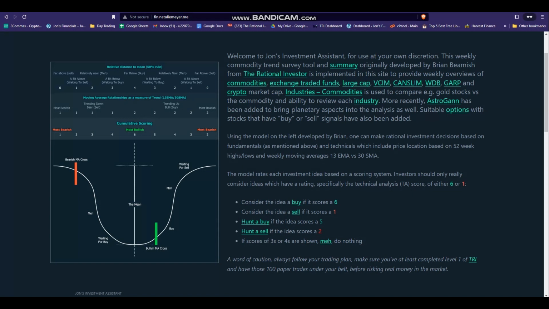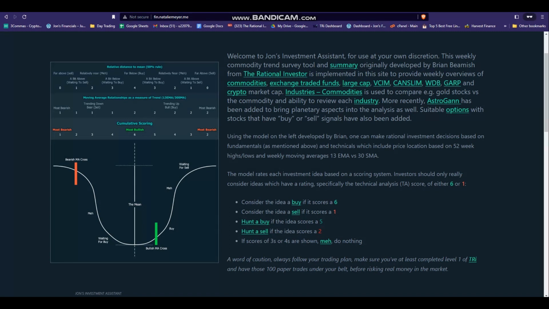When you're at the top end of that range, you get a fairly low score, where a 1, 0 or 2 means sell. Whereas if price is low at the bottom of the range, your score will be a 4 or a 3, which is high on this relative distance.